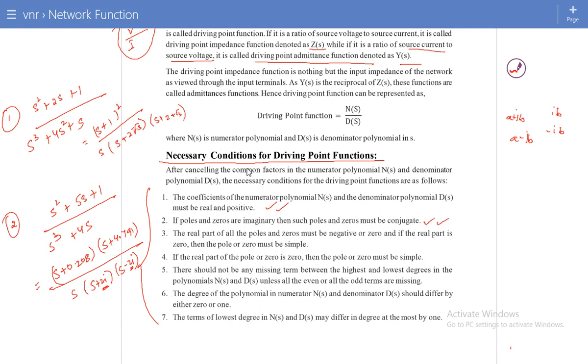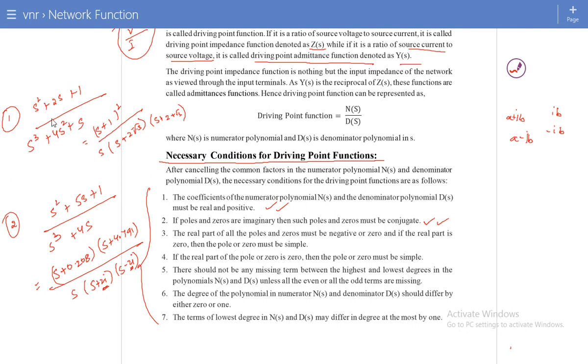So the third condition, what is given: the real parts of all the poles and zeros must be negative, and if the real part is 0, then that pole or zero must be simple.